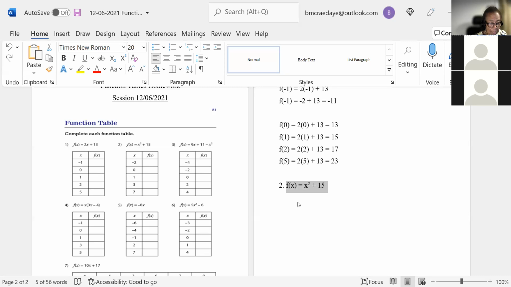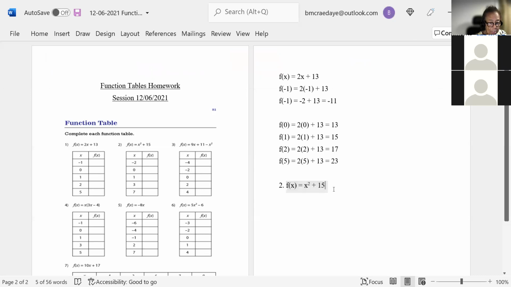Now substitute the first entry in the table. And this would be what? Minus 2. So f of minus 2, that's our input. Now the x squared becomes minus 2 squared, right? So what's the answer for that one, Chastity?